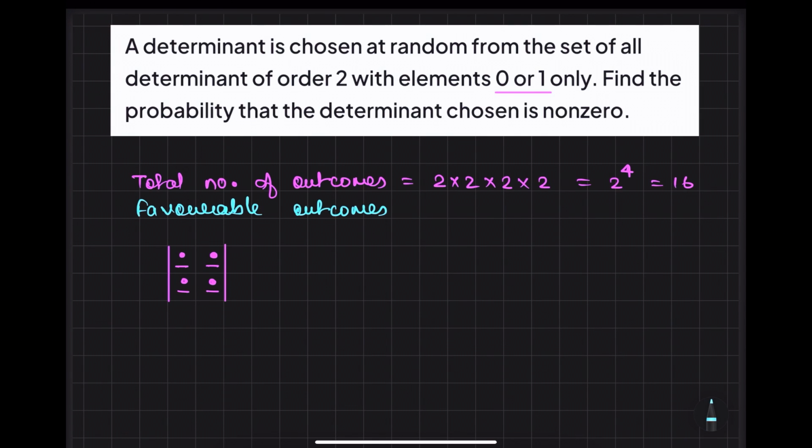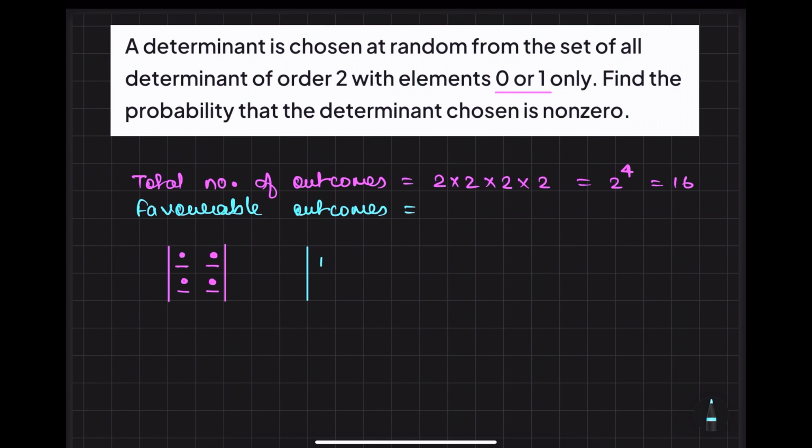Now try to understand this favorable outcome. They are saying that it is non-zero. Suppose it is not 0 and you are using a determinant.